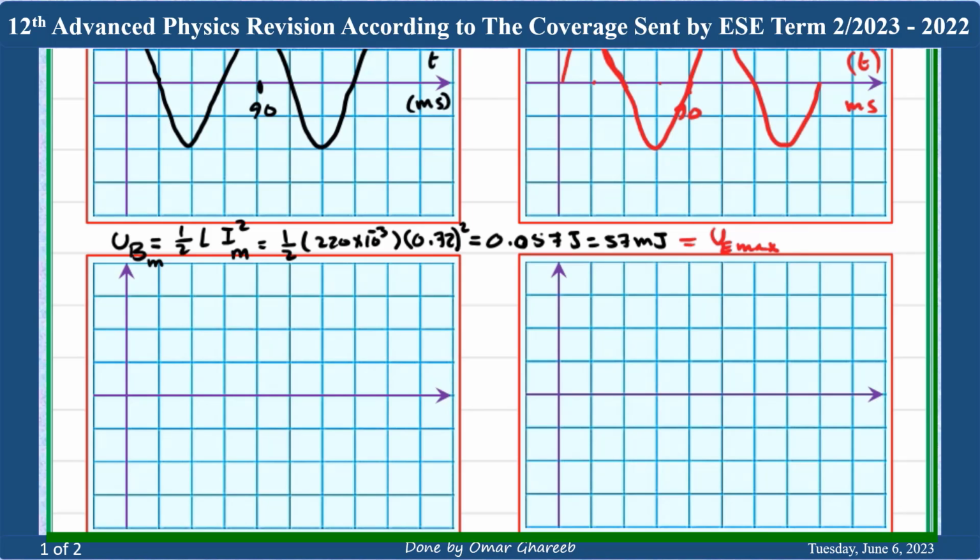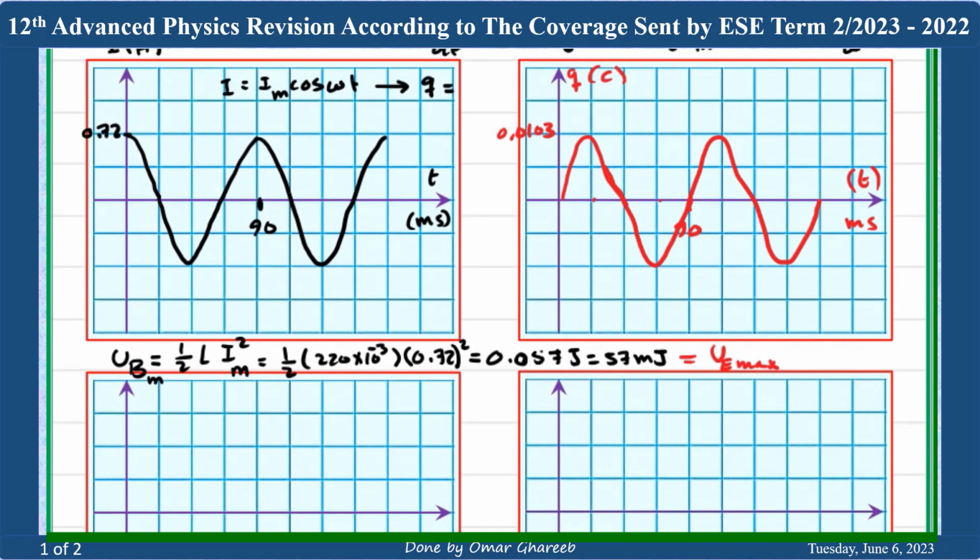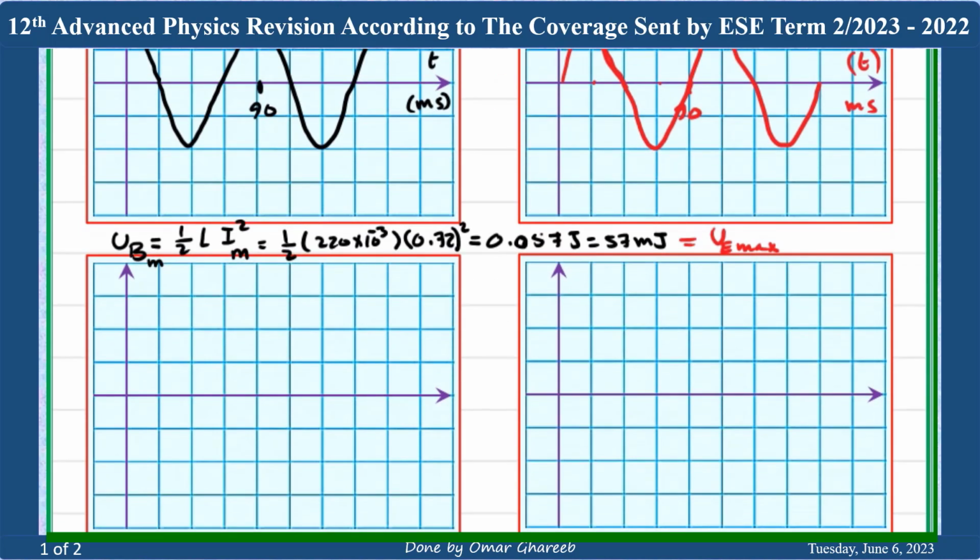Now for the magnetic energy in this circuit, it is maximum at the beginning because the current is maximum. So here is UB, and this is a maximum value of 57 in millijoules, and T in milliseconds. 1, 2, 3, 4.